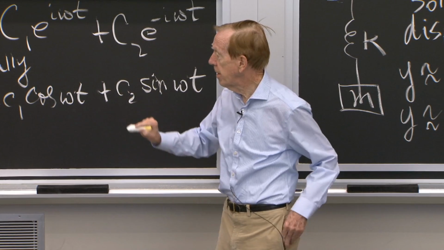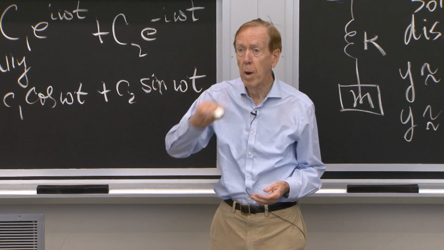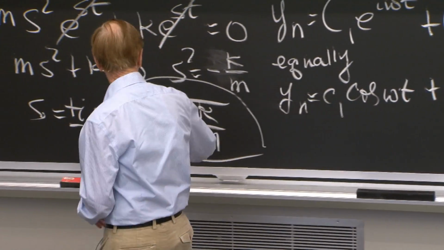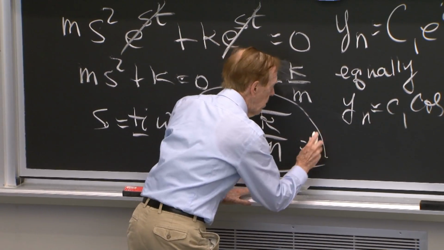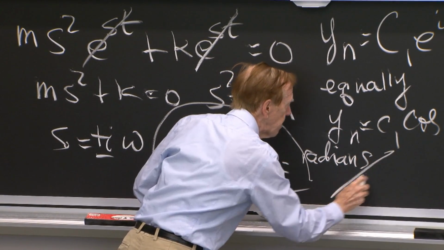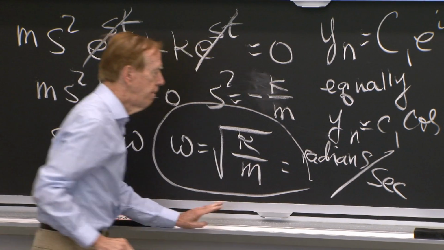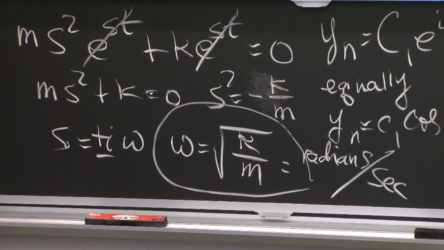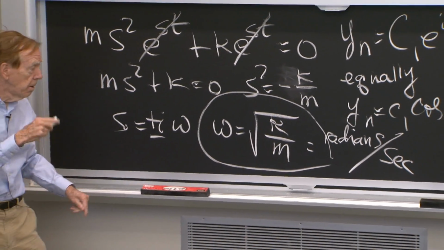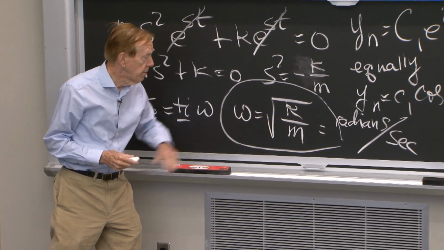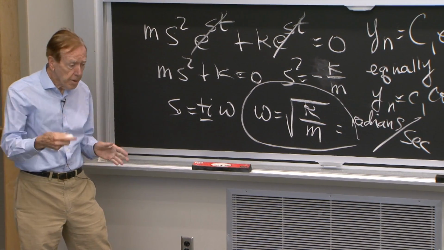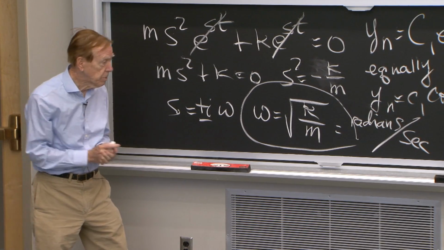The right units of omega are 1 over time. Actually, the units are radians per second. That would be the typical appropriate unit, radians per second. I'll use the word frequency for that, but there's another definition of frequency, cycles per second.